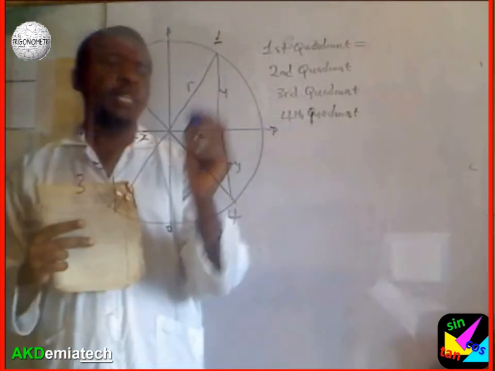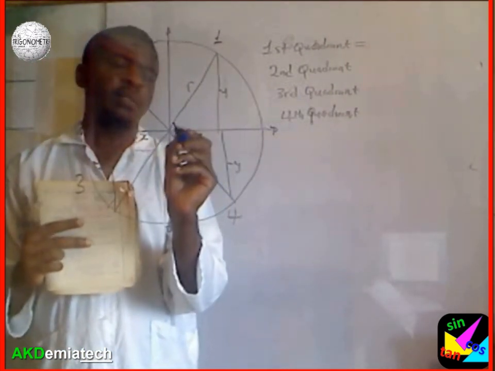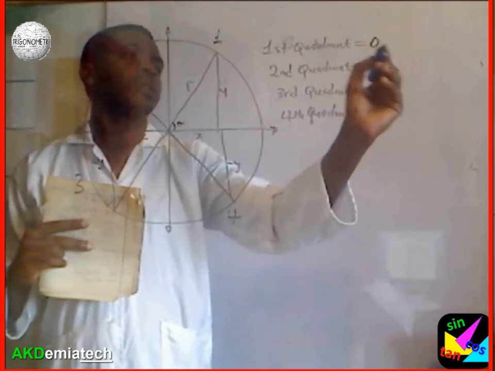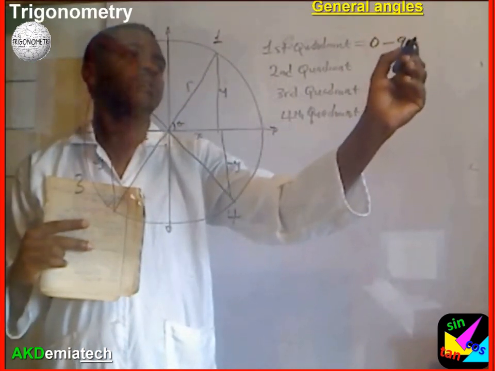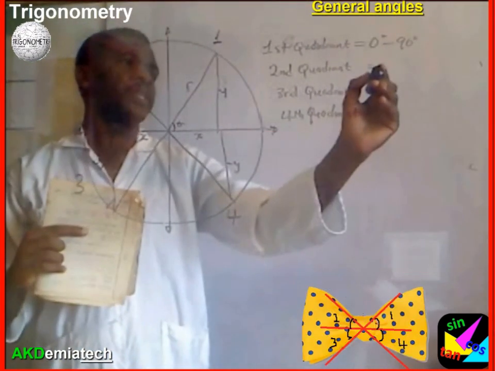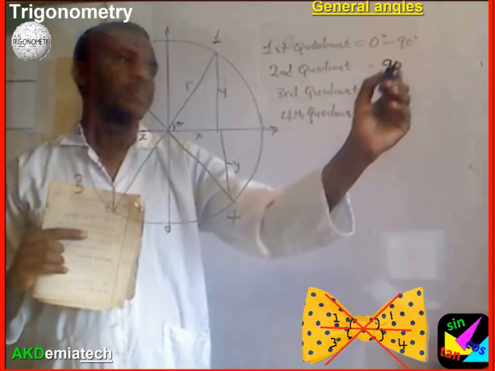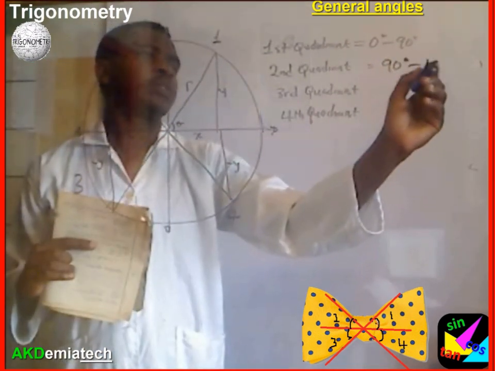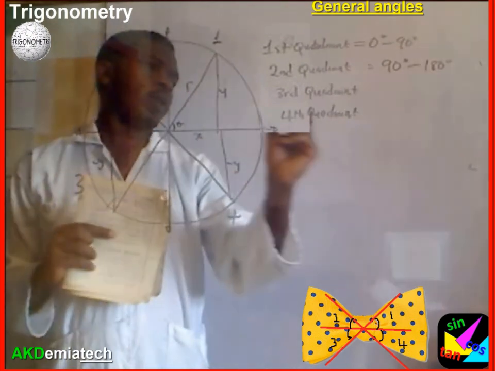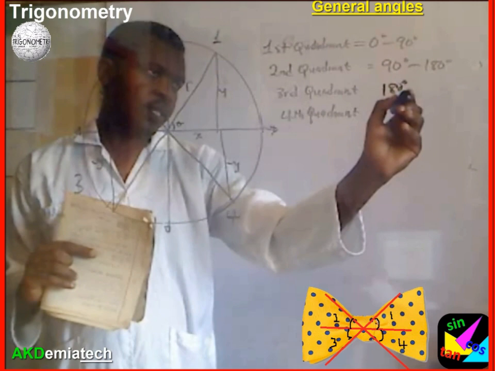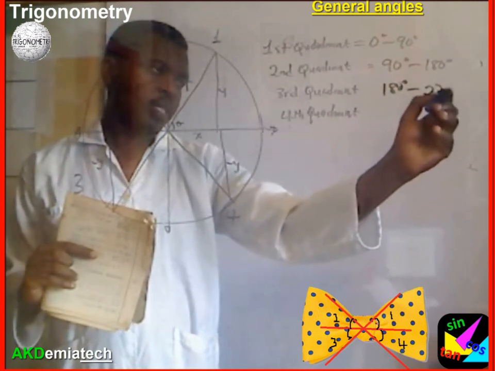In our first quadrant, the angle is acute, so it ranges from 0 to 90 degrees. For the second quadrant, the values range from 90 degrees right up to 180 degrees. For our third quadrant, values range from 180 degrees to 270 degrees.